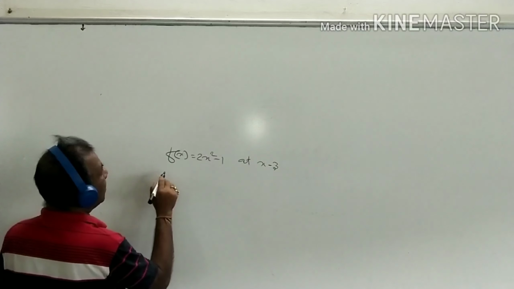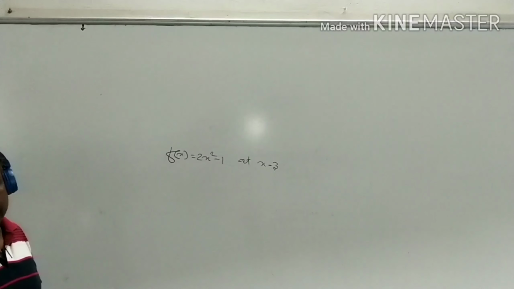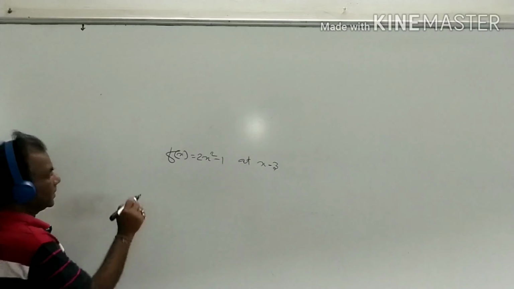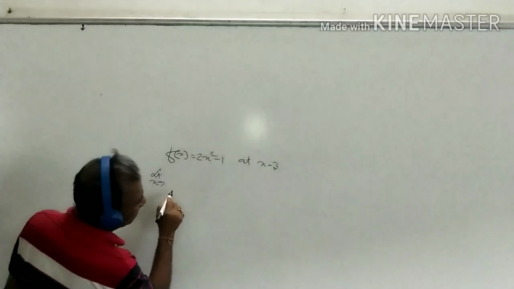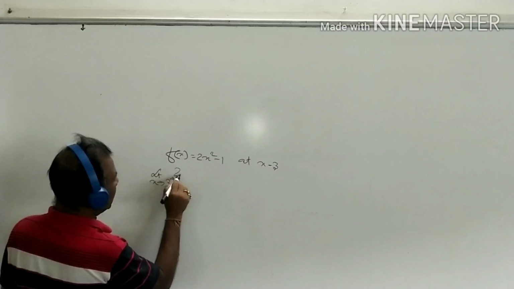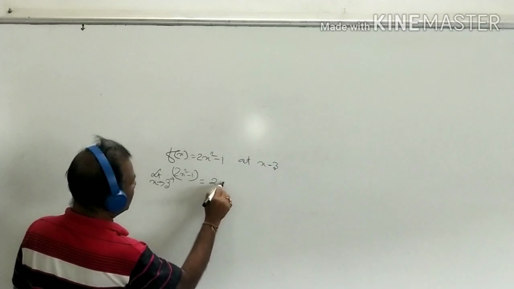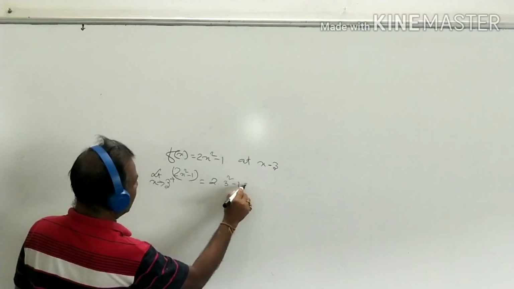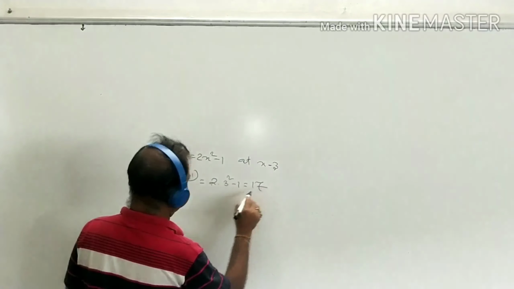Now, once again, the left hand limit, right hand limit, and the functional value. So, limit x tends to 3 plus, what is the function? 2x square minus 1. So, it will be 2 into 3 square minus 1, 2 nines are 18, minus 1, 17.